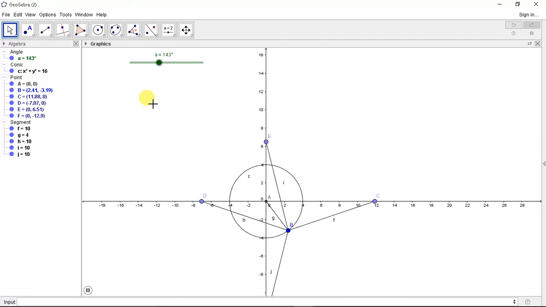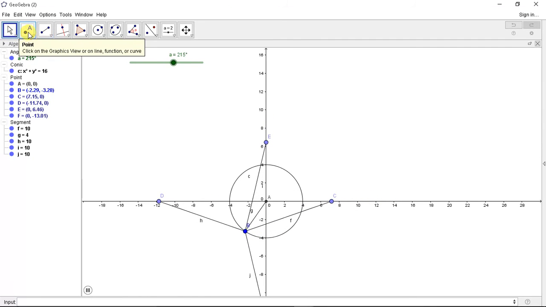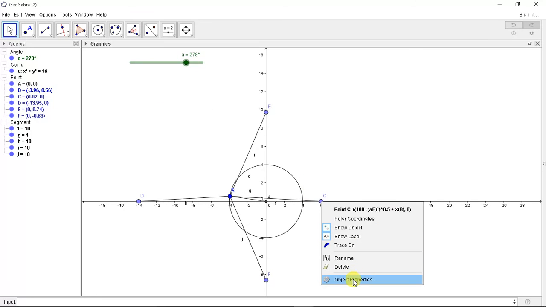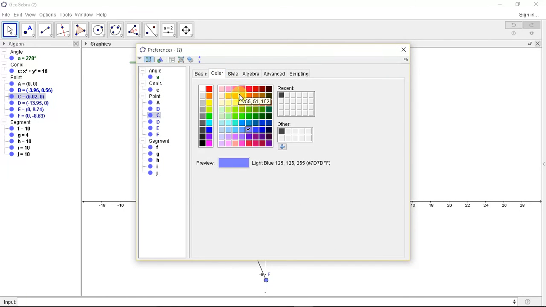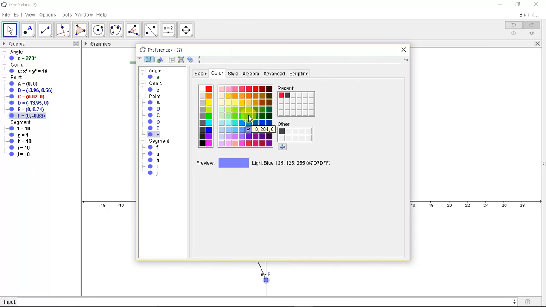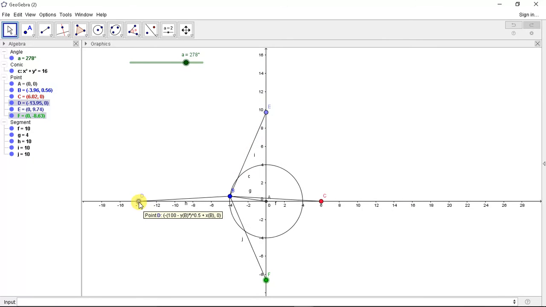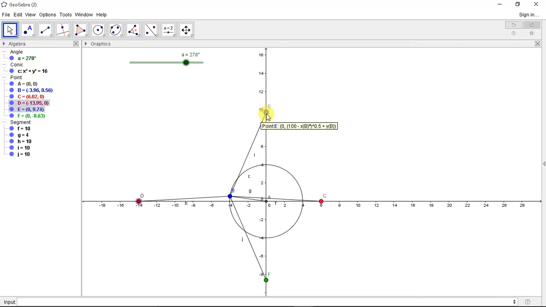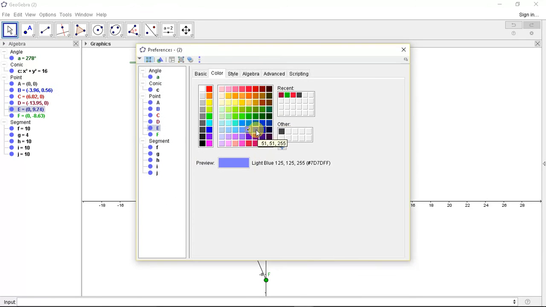If we want to change its color to some red, this color to green, this color to some purple, and this color to yellow.